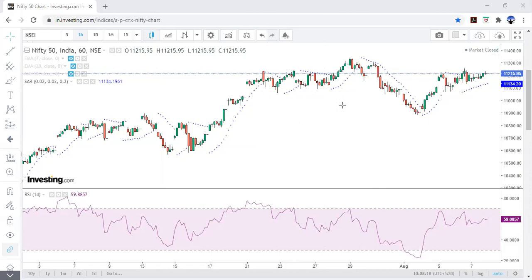Okay, so everyone, maybe there is some connecting issue, so maybe the signal is late. Now I have taken the 1 hour chart, and in this you can manually enter the lines.